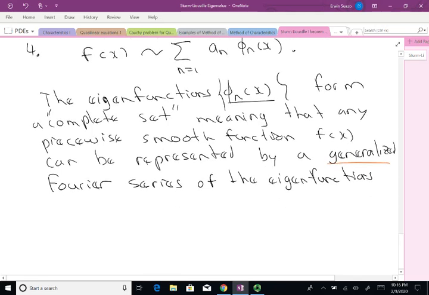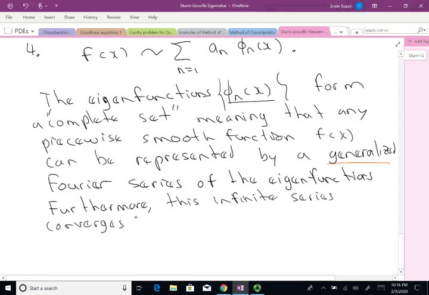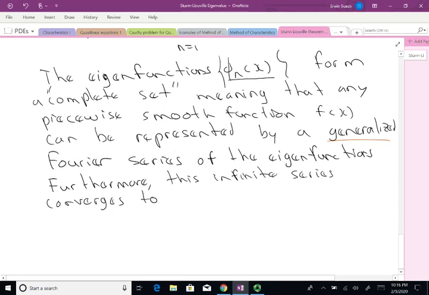Furthermore, and we proved this, this infinite series converges to f of x plus, f of x minus, divided by 2.